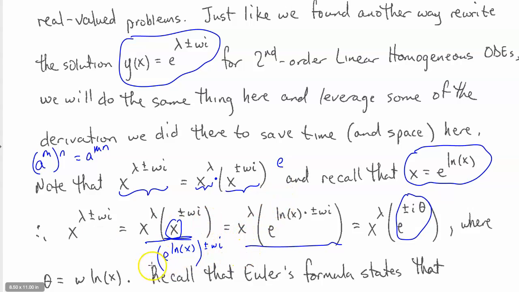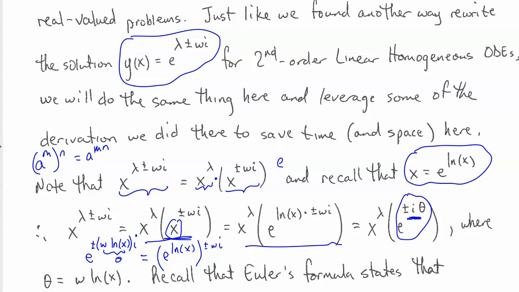If you look at it in that sense, then if I rewrite it this way as e raised to the plus or minus, and then here omega times natural log of x, all in parentheses, and I put the i on the outside, then of course this looks a little bit more like this plus or minus i raised to the theta here, where of course theta is going to be all this business here.